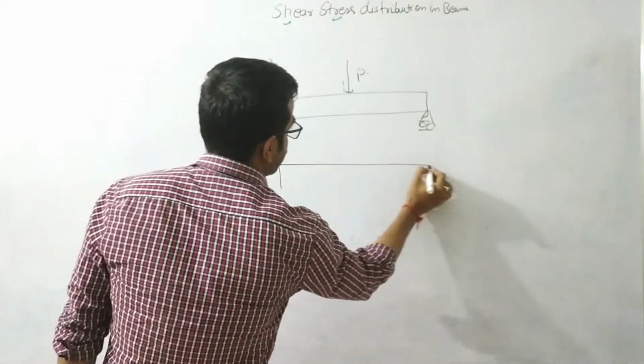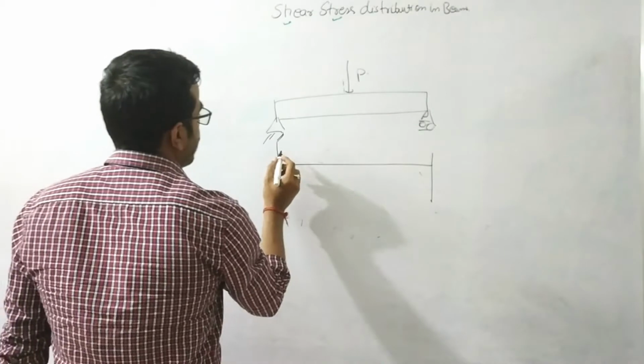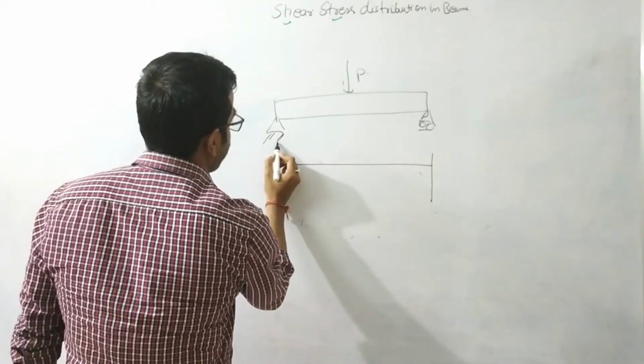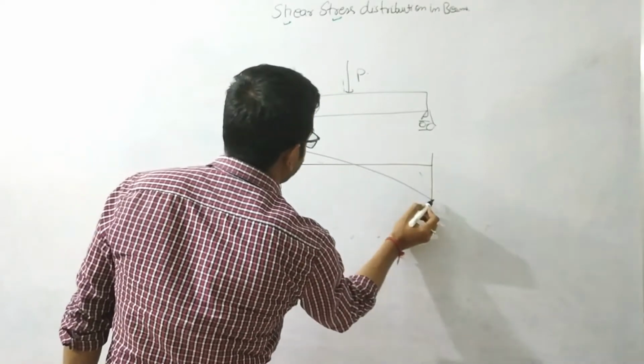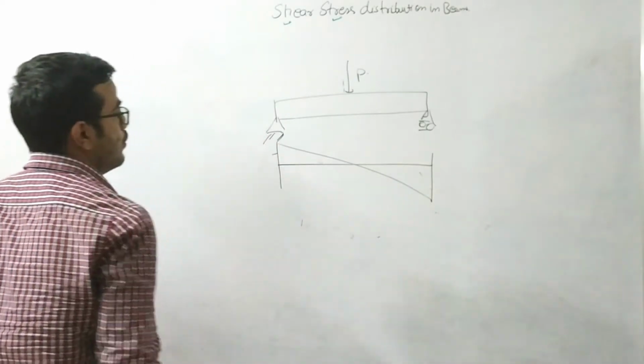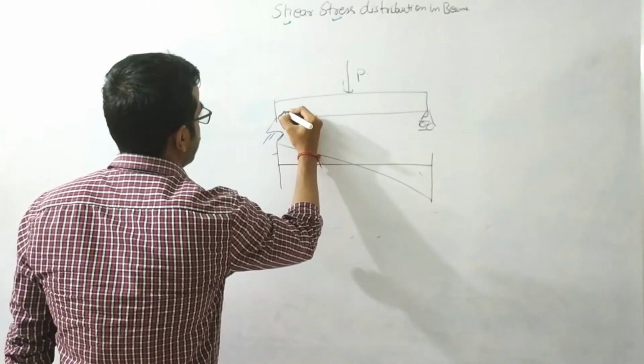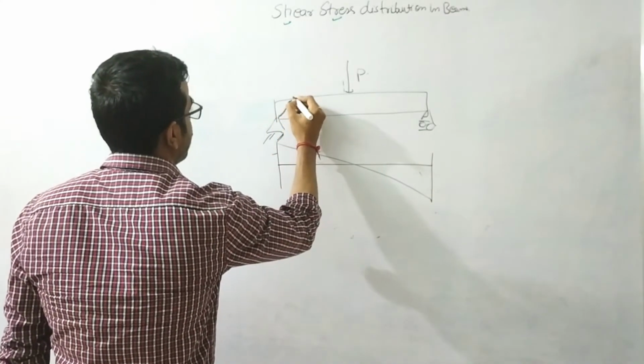If I draw the shear force diagram of this beam, the maximum shear force will act like this at the support. If this beam fails in shear, it will fail like this. The shear crack will form like this.